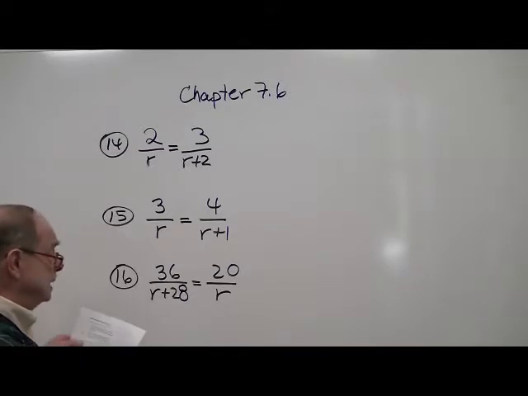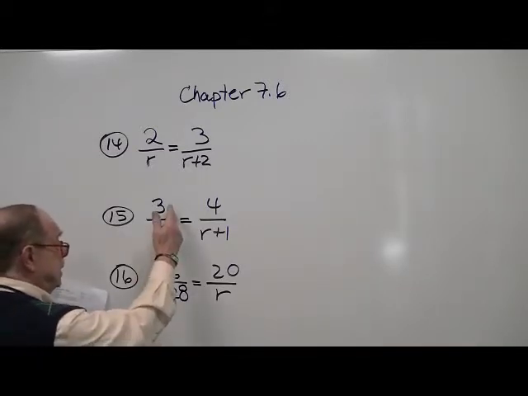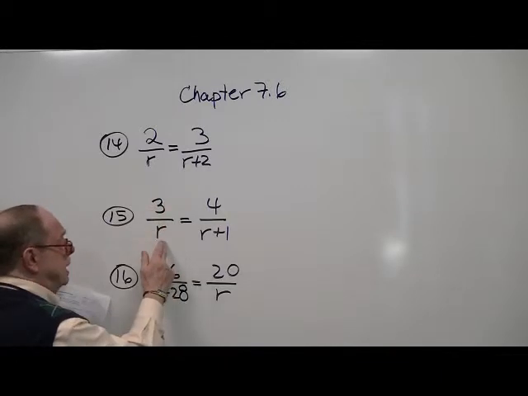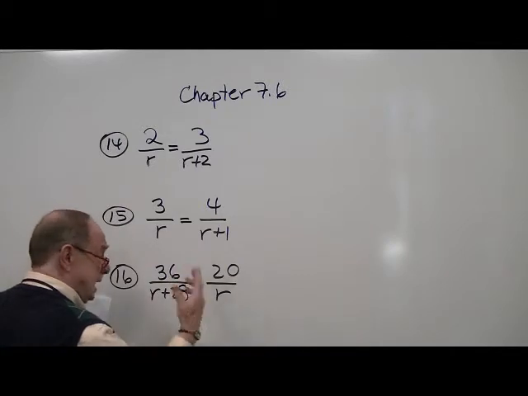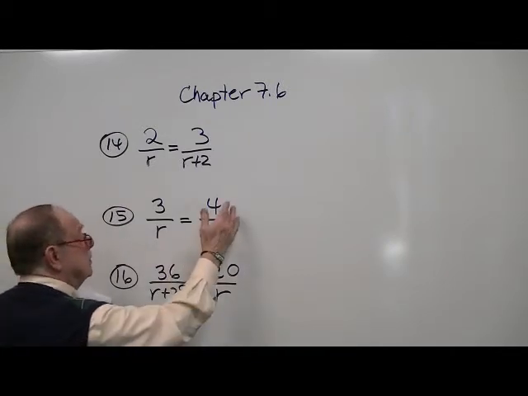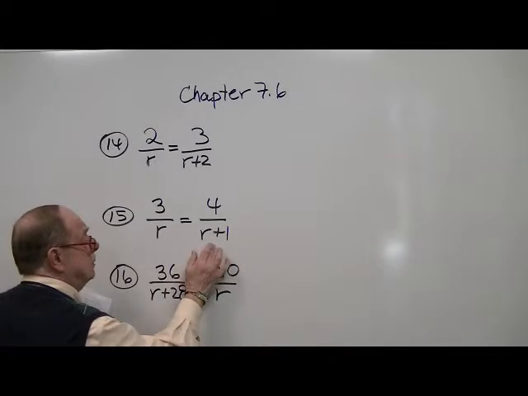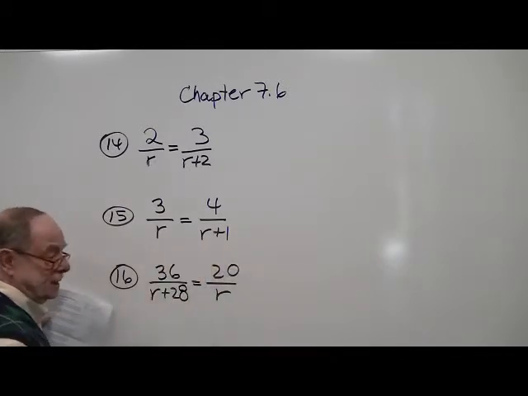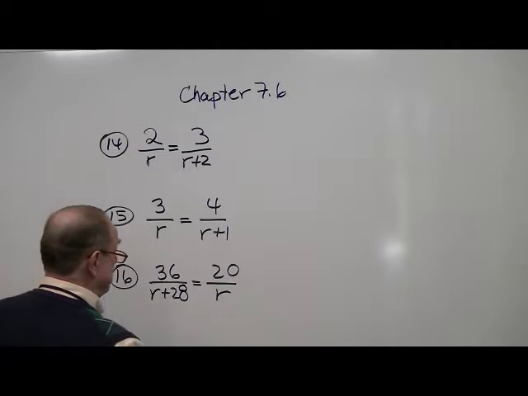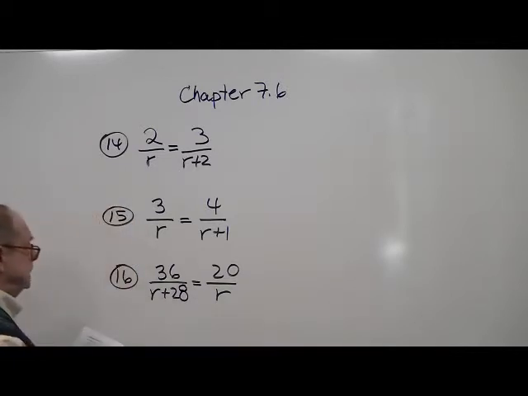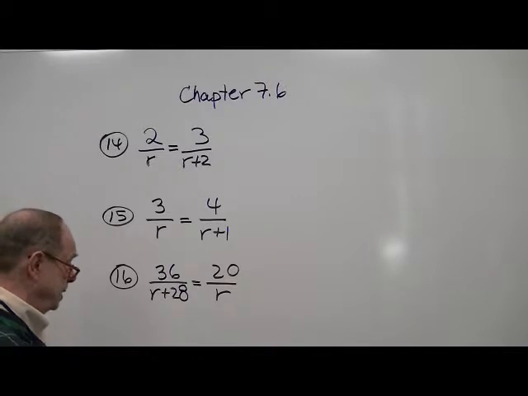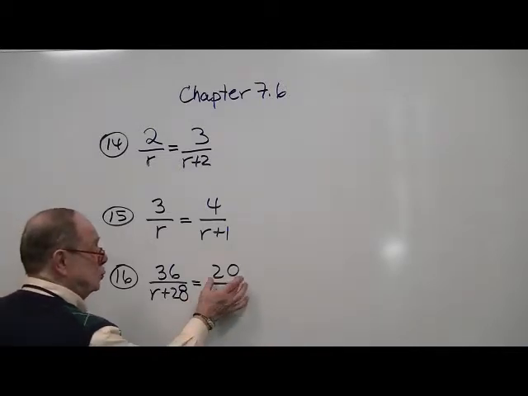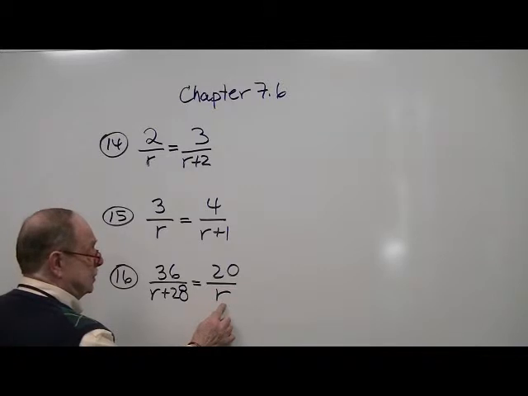And number 15 is very similar. Here a fellow walks 3 miles at a certain rate, and then the other time, equal amount of time, 4 miles at 1 mile an hour faster. What's the rate? You want to solve for r. Now in number 16, they're driving on a mountain road and a level road. Well, on the mountain road, they do 20 miles at a certain rate.